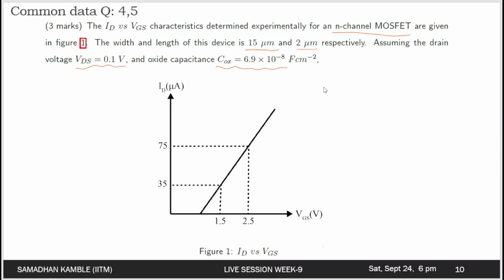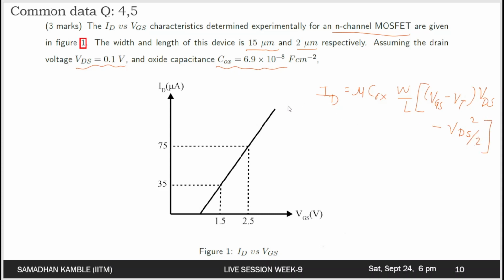So if you write down the equation for ID, which is nothing but mu times Cox W by L times VGS minus VT times VDS minus VDS squared over 2.